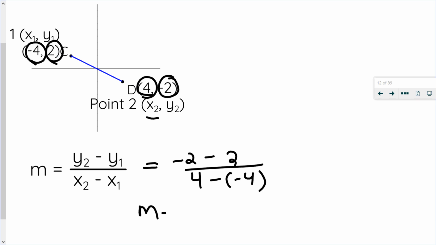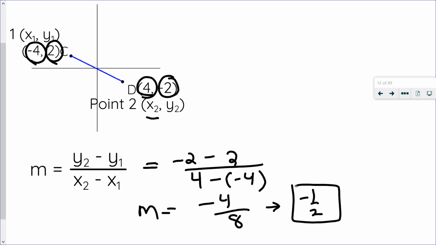So slope is going to be negative 2, take away 2 is negative 4. 4 take away negative 4 is 8. And in lowest terms, that will be negative 1/2, which seems reasonable because it is a negative sloping line. So to go from point to point, that would just be down 1 and over 2.